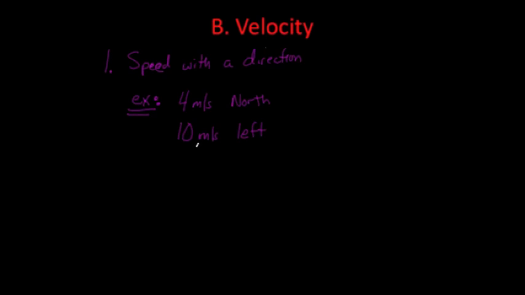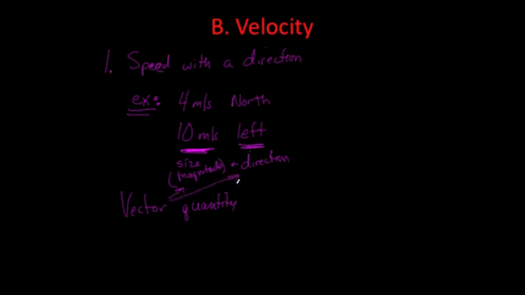So you have two parts to it: the magnitude, the size, and direction. And this makes velocity a vector quantity, or a vector measurement, if you want to call it that, because it has both size and direction.